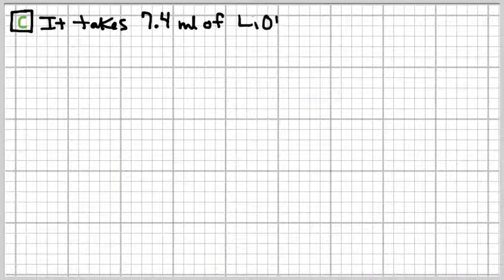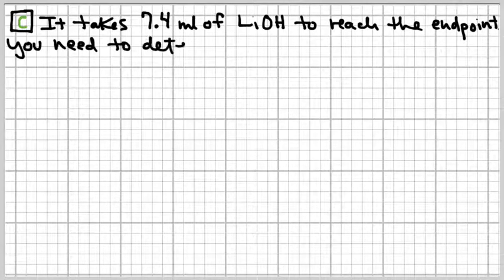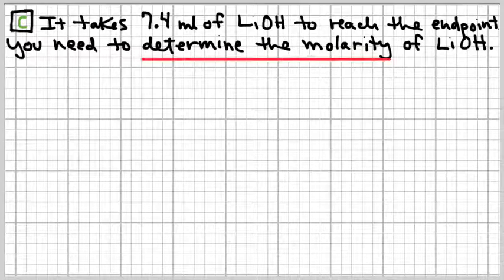Now, since this is a solution stoichiometry problem, I would like to use that idea of stoichiometry to find the concentration of lithium hydroxide, knowing that I only needed 7.4 milliliters of lithium hydroxide to reach the end point. So we're going to try to figure out the molarity. Since these are solutions, I know they're not pure substances.